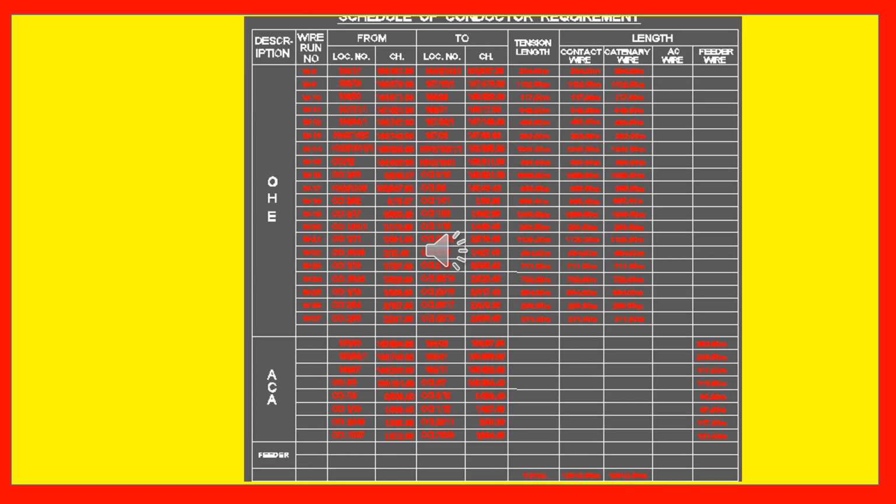Next, the conductors used also have to be indicated in the drawing in a chart. So they have shown it here: overhead equipment, that means contact wire, catenary wire, tension length they have given, then anti-creep anchor, and the total also.